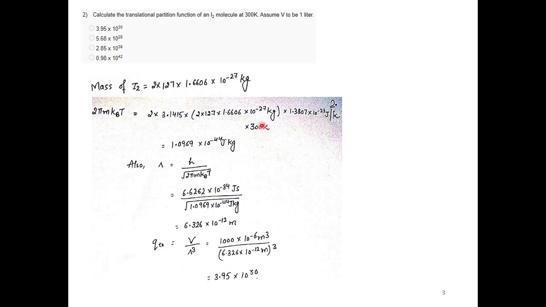So now you have to calculate the mass of only one iodine molecule. So 2 into 127 is the mass for 1 mole of iodine, right? You need to calculate only one molecule, the molecular mass.